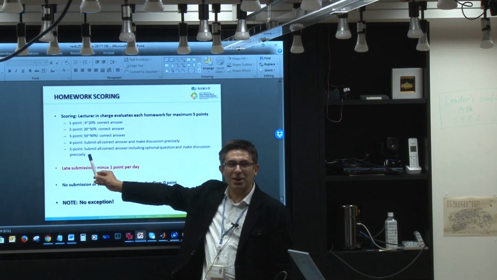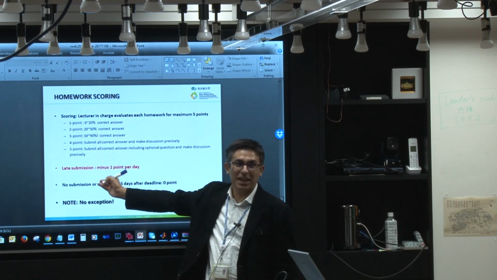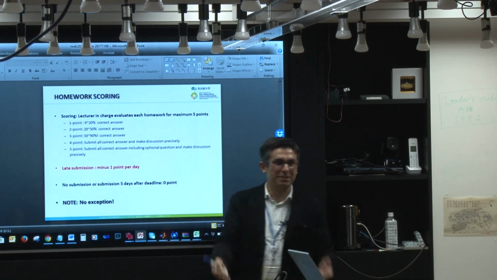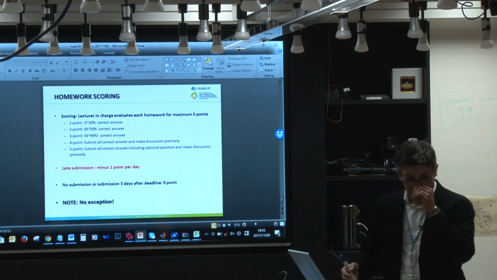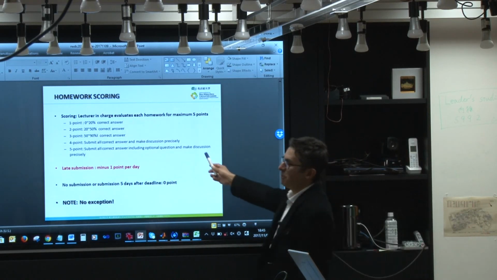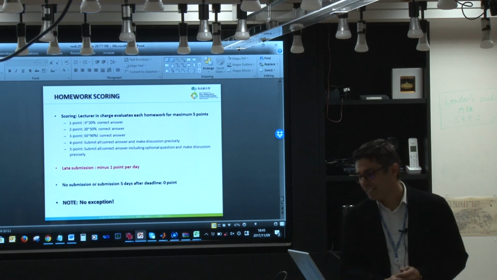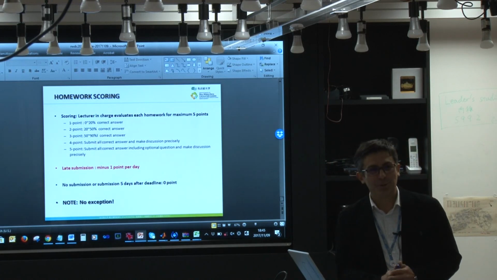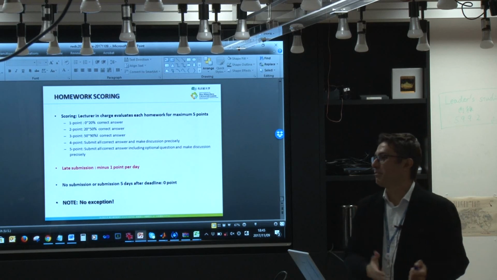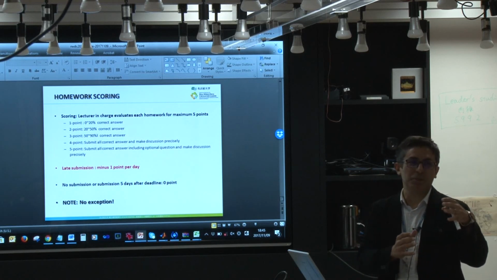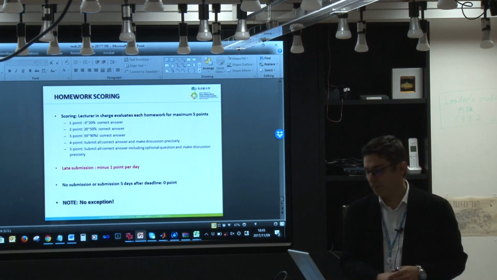But if you answer all correctly and also do extra impressive discussion or new findings, then we give you an outstanding point, which is the perfect point, 5 points. All right? To make it competitive. Because otherwise, everybody gets 5 points. So we want to make a difference between those who can do more. All right?